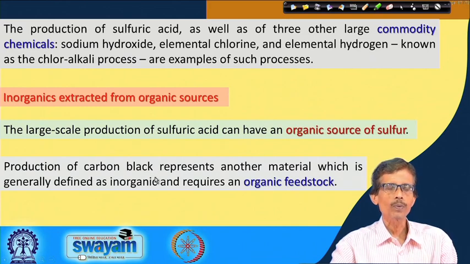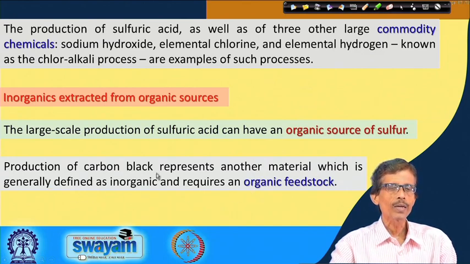The production of carbon black has a huge market, and we can utilize it for making tires, the road car tires and all other things. This carbon black will be very useful if we can make it via some simple technique from the organic feedstock.